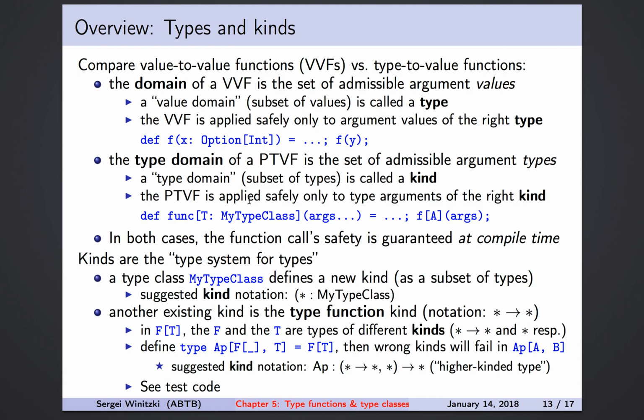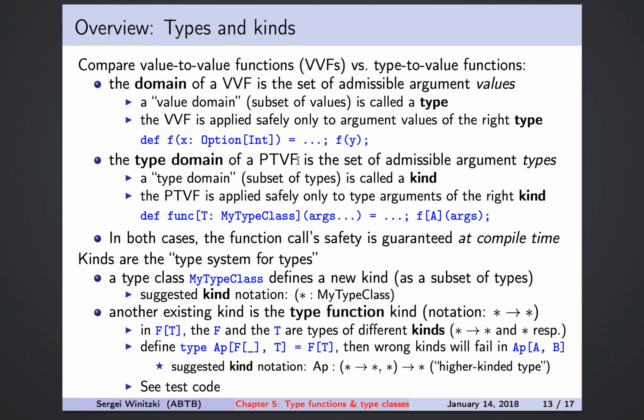This is an example of having a function. We declare its type, and then we apply it to some y value. Unless y has this type, it is not safe to apply, and if y is not of this type, there will be a compile-time error. That's how we use types. Types prevent applying functions to incorrect arguments.